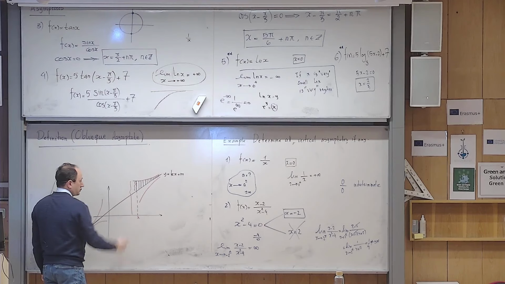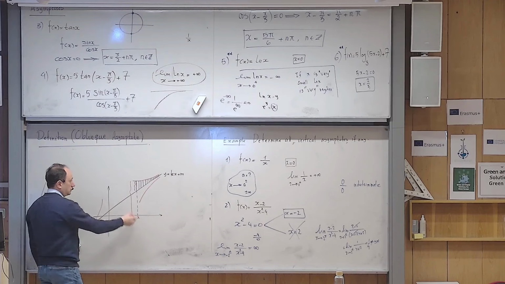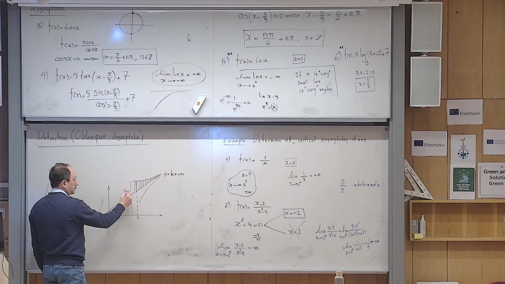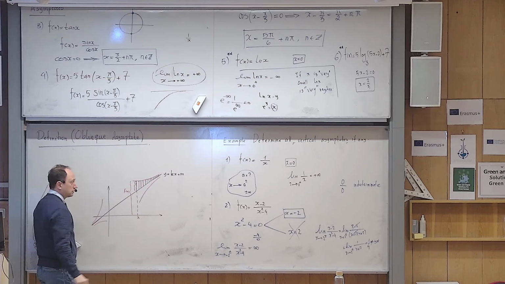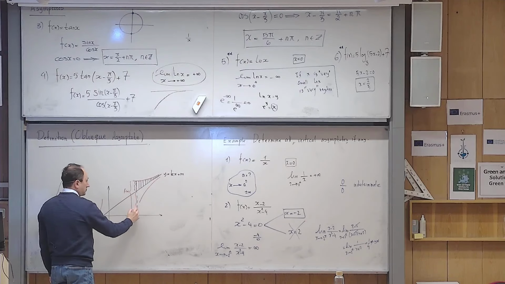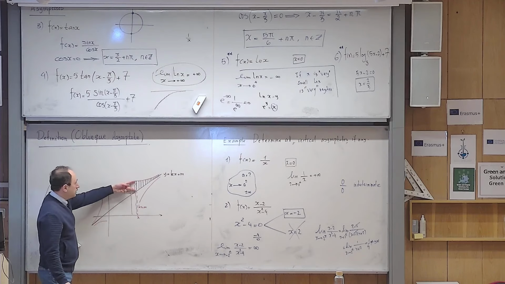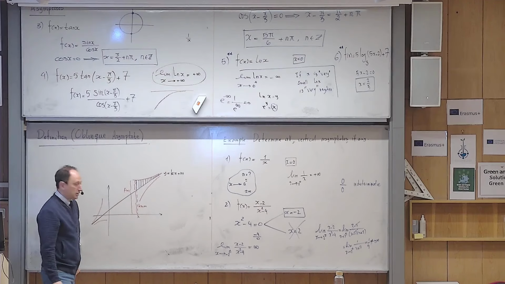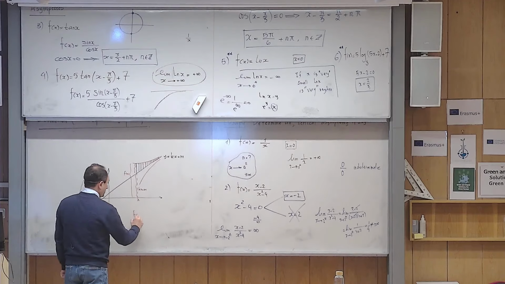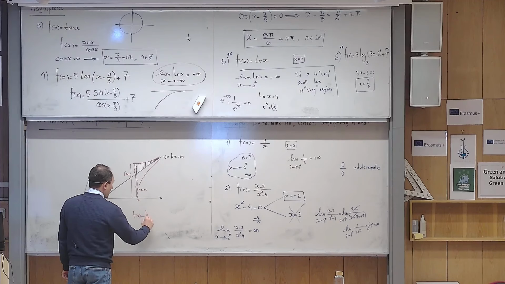If this is x, this is f of x. This red one is my function. What is this length? Kx plus m. So this length becomes the difference between these two heights. So it becomes f of x minus (kx plus m) in total.